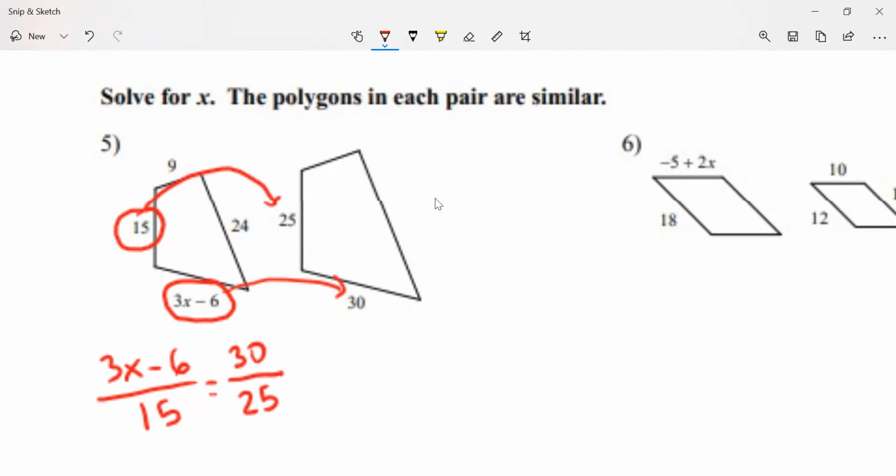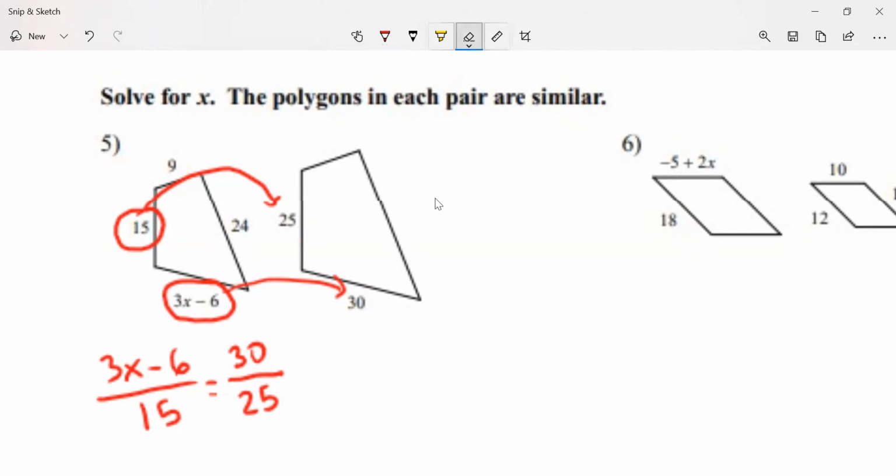Now, one thing, probably you don't want to deal with big numbers, right? Notice how when I cross multiply 15 times 30, but then when I cross multiply 25 times 3x, 25 times 6, you can make your fraction smaller, right? 30 over 25, we could simplify that. Let me divide each by 5.